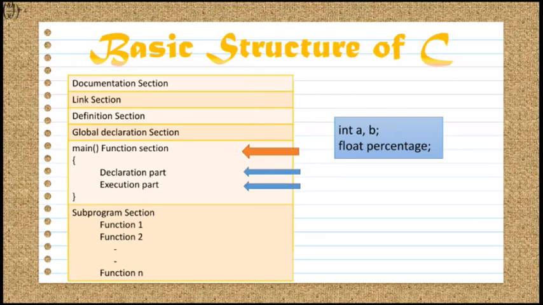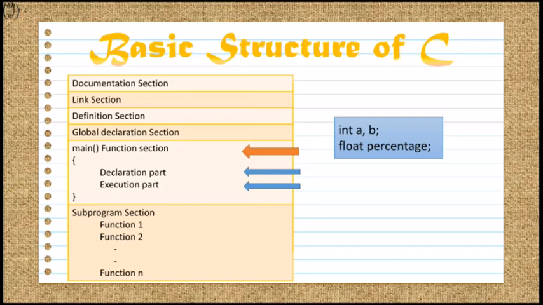The second part is execution part. There is at least one statement in the executable part. So in executable part there should be at least one statement. Here all the processing part, or you can say calculation part, is executed. These two parts must appear between the opening and the closing braces, that is flower brackets, opening flower bracket and closing flower bracket.